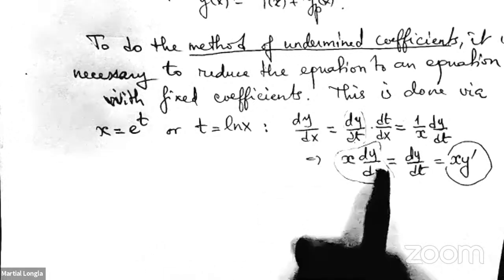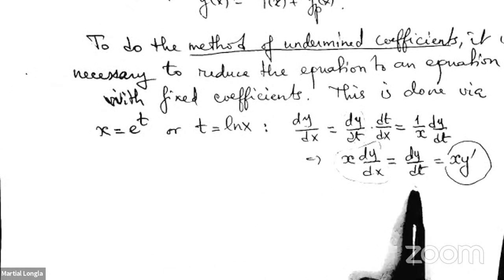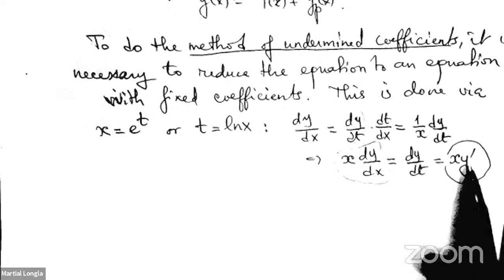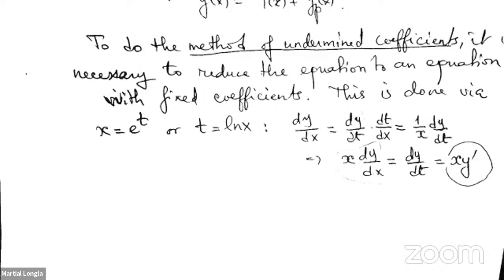So if we replace this by that, we will remove the x, and therefore we will have a constant coefficient for dy over dt.